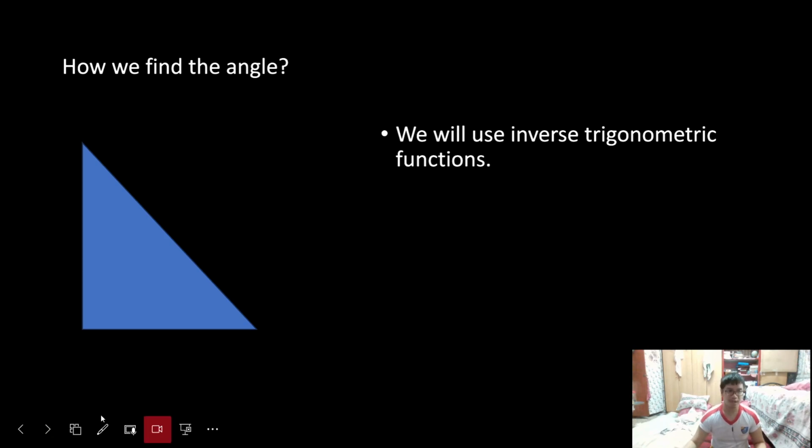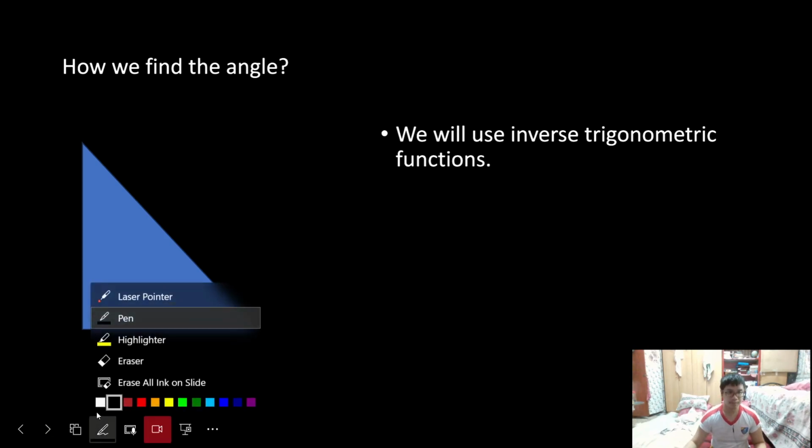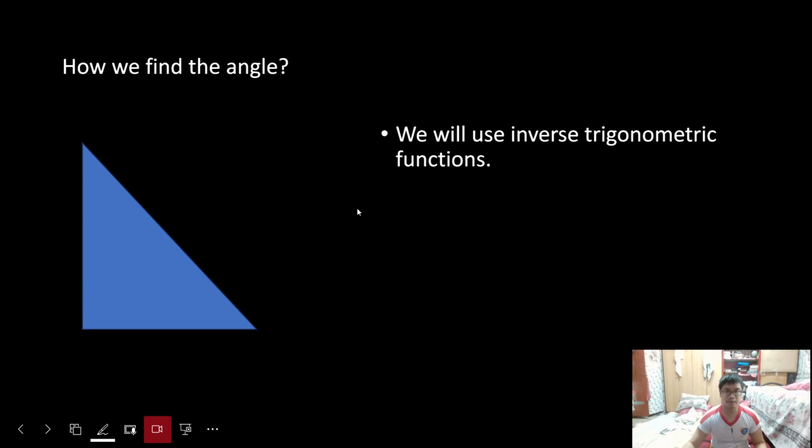Let me give you an example. If I have y is equal to sine theta, and you want to find the angle, because that is your goal, what will happen is that we will put the word sine here, excluding the input, the theta.